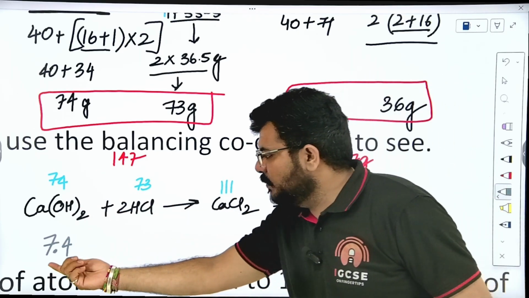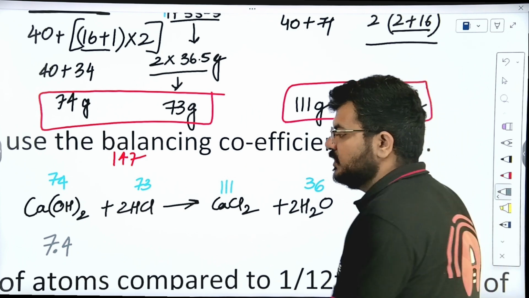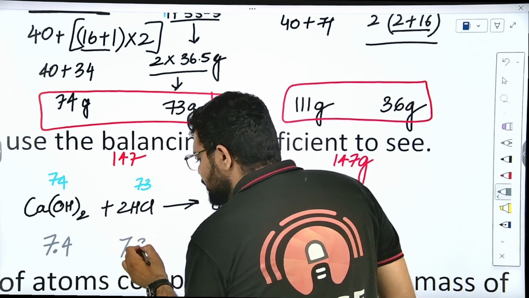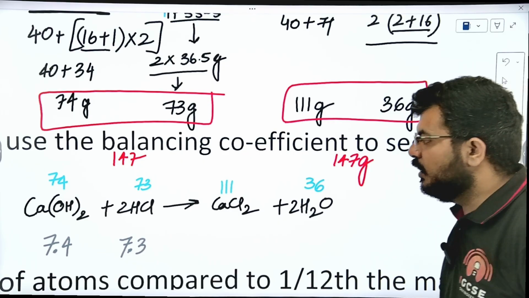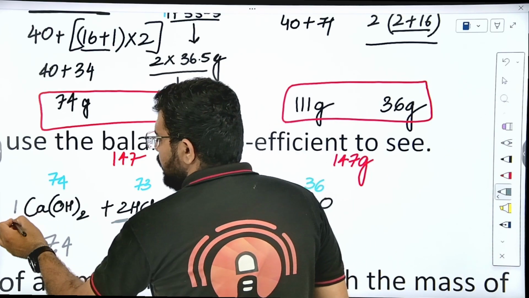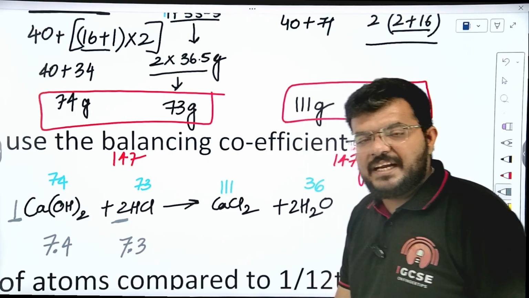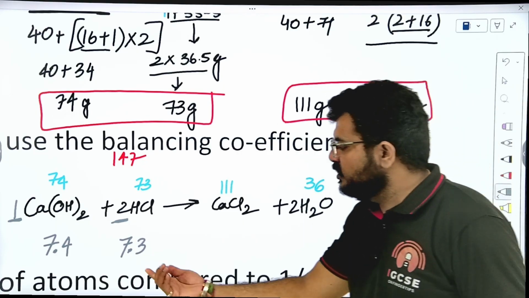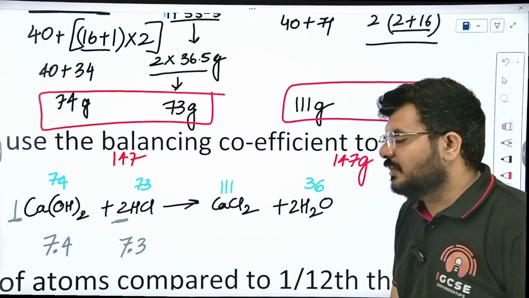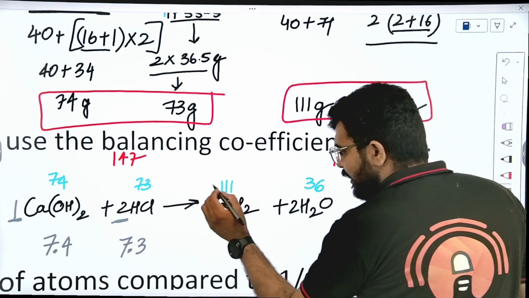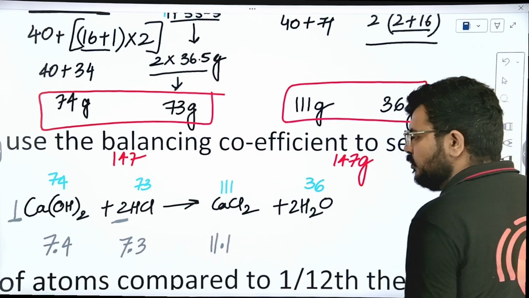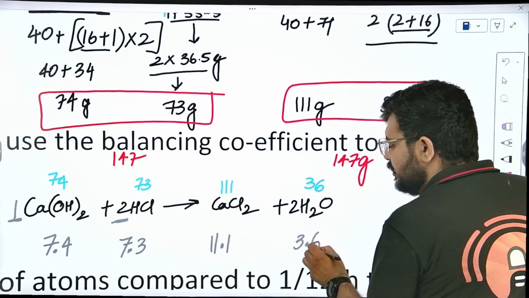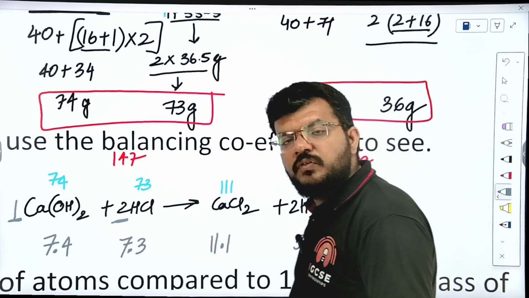If I take 7.4 gram of calcium hydroxide, I will require 7.3 gram of HCl for sure, because if this ratio is set and established, there is no way I require any other masses, right? I will elaborate on that in just a second. So I will get 11.1 gram of calcium chloride and I'll get 3.6 grams of water.